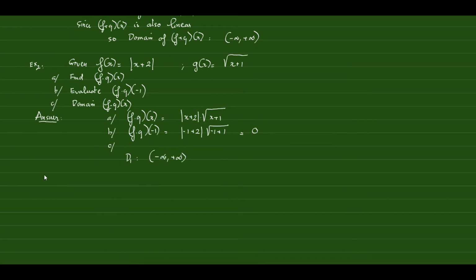All the domain of an absolute value function is negative infinity to positive infinity. But for D2, in order to find the domain, you're gonna set the radicand greater than or equal to 0. So this is greater than or equal to -1. So the domain D2 will go from -1 to positive infinity.